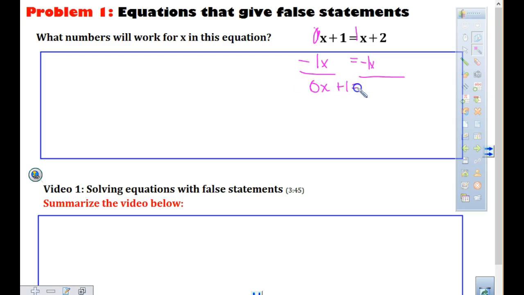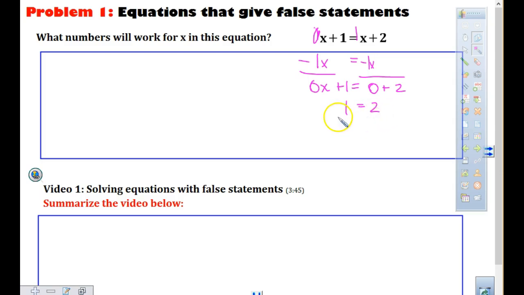Plus 1, right, is equal, so on this side, Emily, when I take 1x minus 1x, I could put 0. Does it matter if I put 0 or 0x? Does that matter? What is 0 times x? 0. So this is really 1 equals 2.